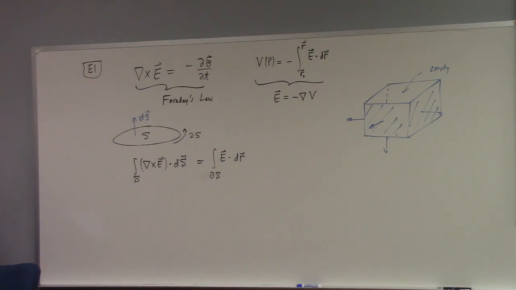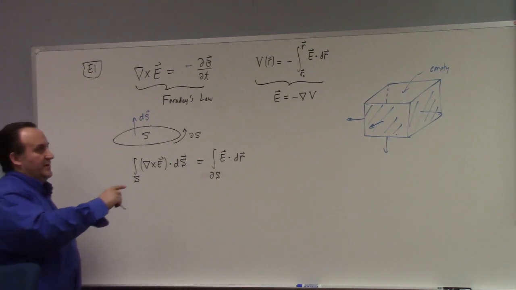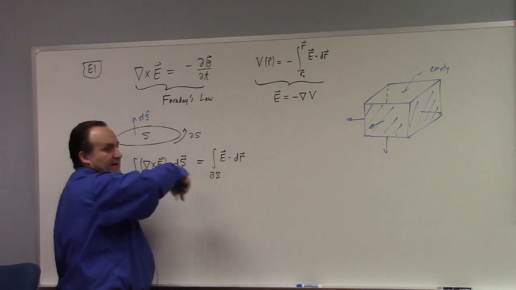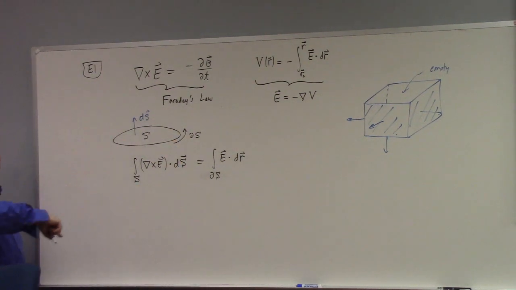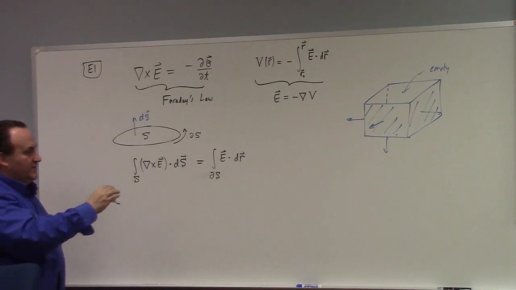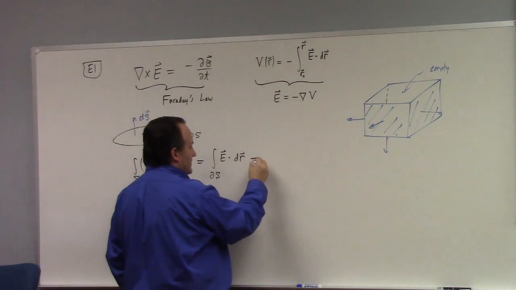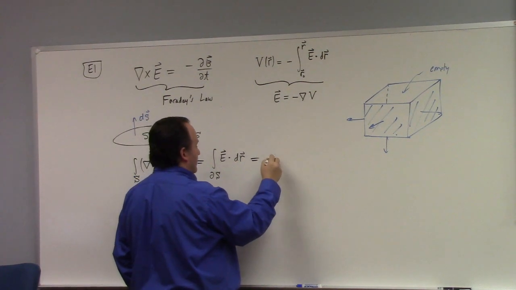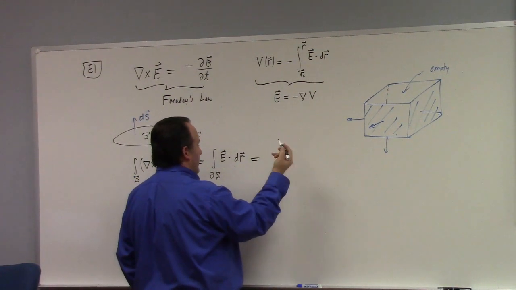So guys, the voltage, right? If you calculate the difference in the voltage going from one point to another, you get the change in the voltage. So here, what are we doing? We're integrating the electric field all the way around the loop, right? So what this is equal to, well, I need a symbol for it.